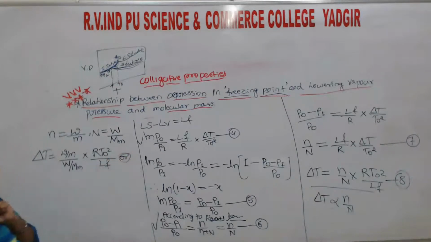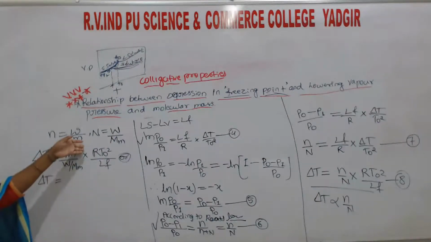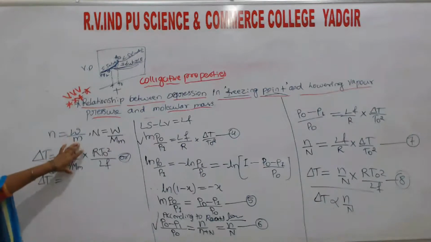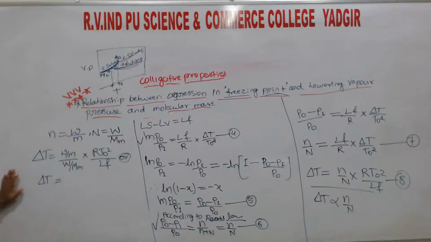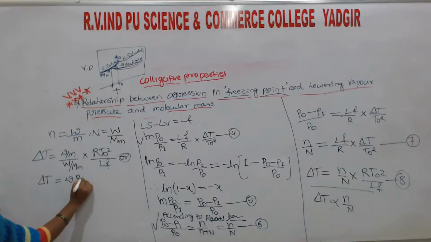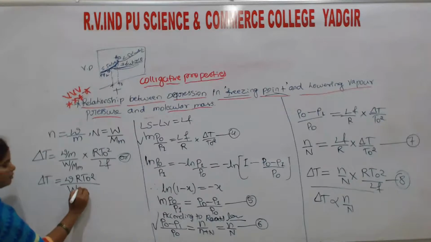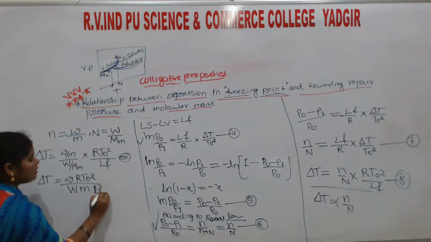On this, you can write here delta T is equal to, this is in numerator, it is multiplied here. The multiplied means M is this side and W is denominator. Finally we get w R T naught square divided by W m, and LF.